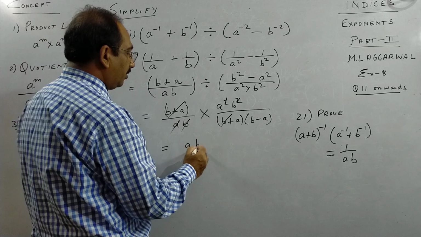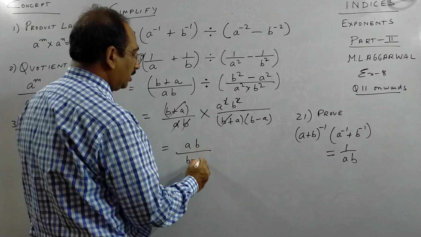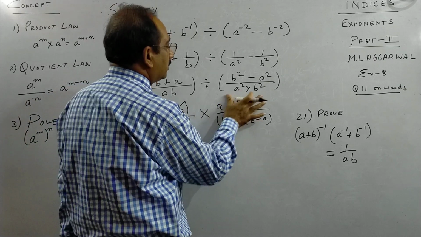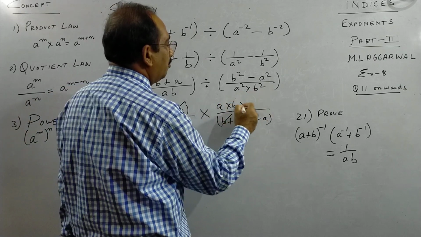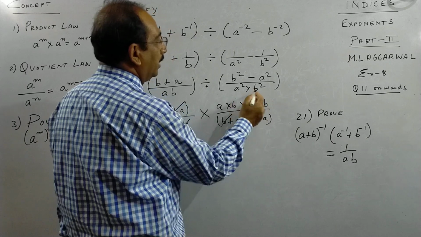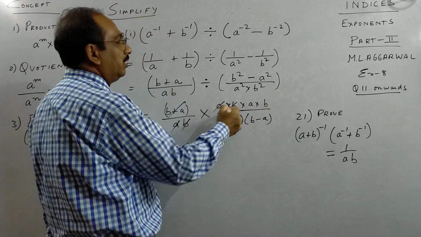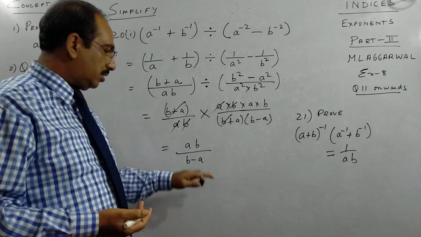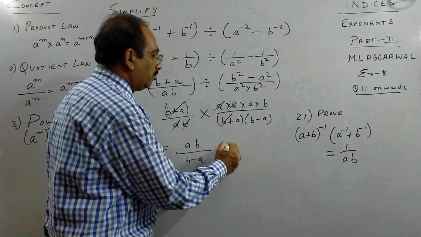So we have ab by b minus a. Any doubt you have here, you could have written this as ab into ab, a square b square, so one pair will cancel. Anyway you do it, ab will remain in the numerator and the denominator will be b minus a.